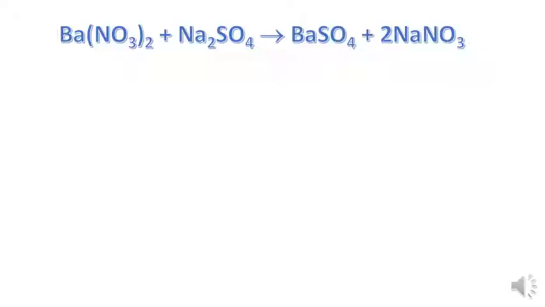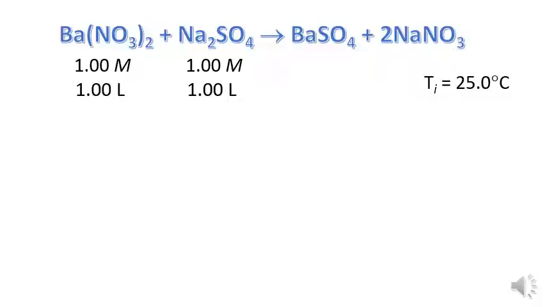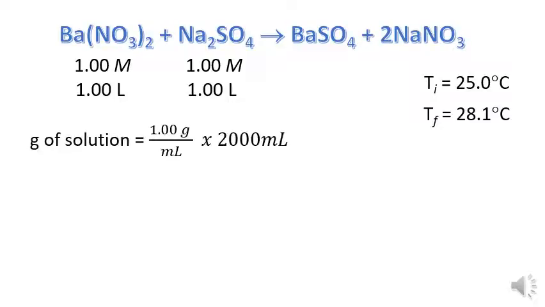So, of course, we need a balanced chemical equation, and then I write down the information that was given. The first thing I'm going to do is figure out how many grams of solution I have, and because the density of the solution is the same as the density of water, I know that if I have 2,000 milliliters, I have 2,000 grams of my solution.